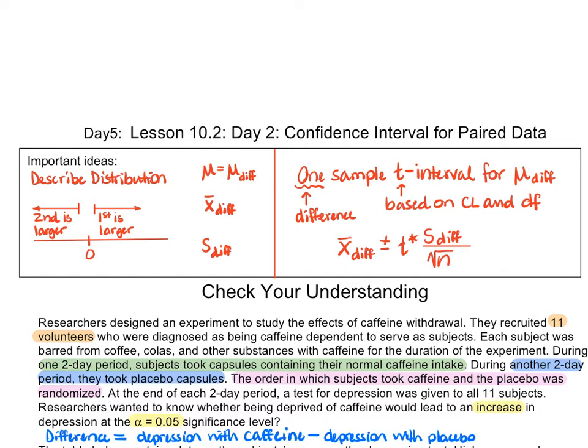In terms of the type of inference, this is a one sample t interval for mu sub difference, because we're not looking at two different groups. We're looking at that before and after style group, or you are your own control group. Typically, if you see the same number of data points in the two groups, or what appear to be the two groups, then at least take a look and see if it's a matched pair design.